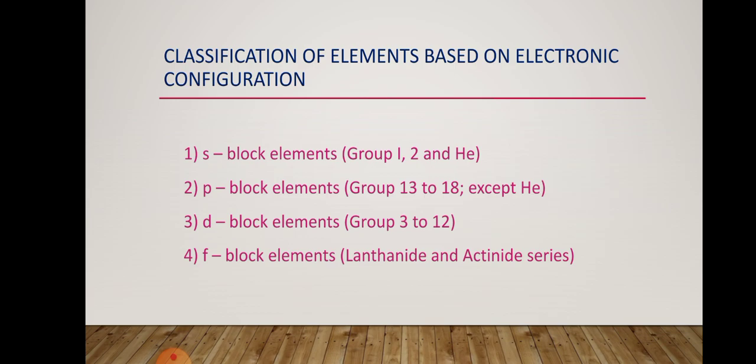Number 2, p block elements. Elements of group 13 to 18 except helium belong to p block elements. Number 3, d block elements. Elements of group 3 to 12 are included in d block elements. And lastly, f block elements. Lanthanide and actinide series belong to f block elements.